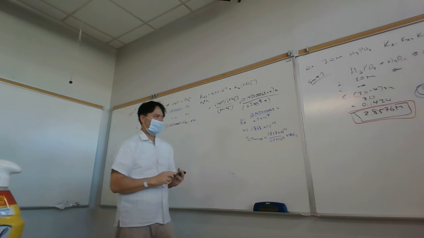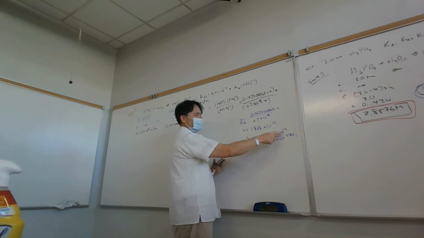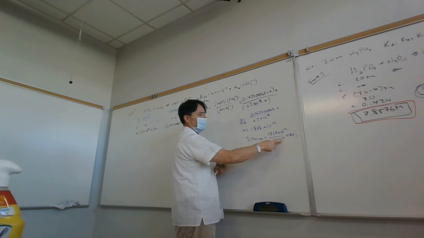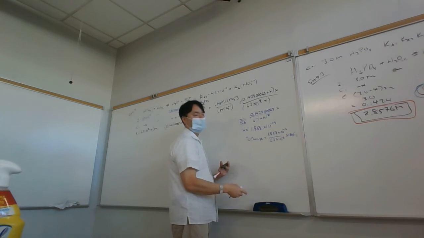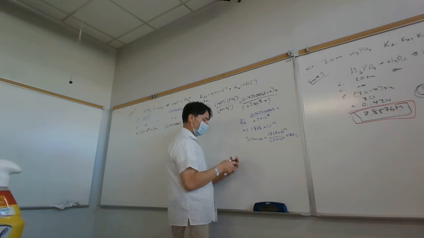And this one, you don't even have to really do it. You could just do 10 to the minus 19 divided by 10 to the minus 8 times 10 squared, because it's so small. But we'll go ahead and calculate it. Divided by 6.3 times 10 to the minus 8 times 100.